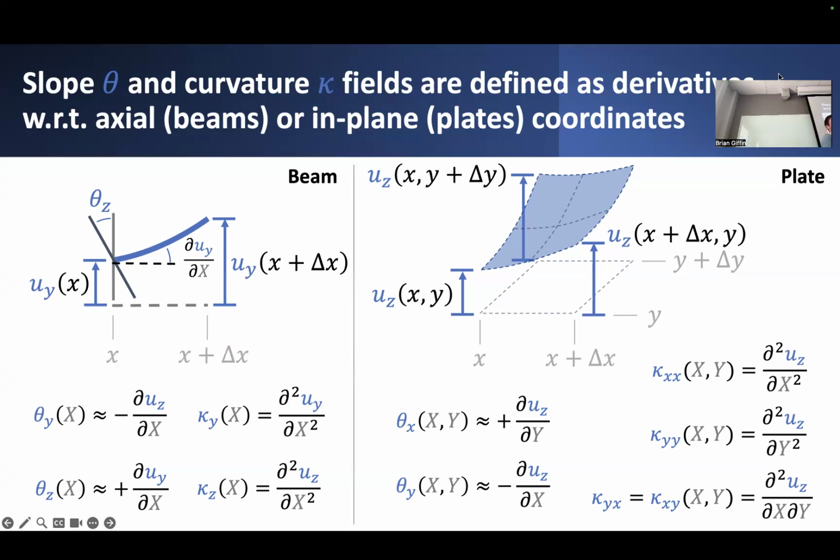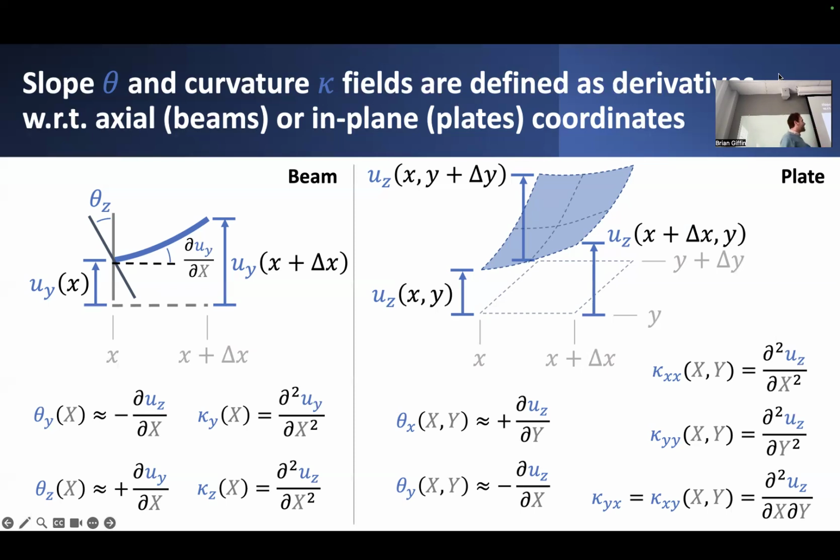Curvature of this line segment is really proportional to the second partial derivative of the transverse deflection field with respect to the axial coordinate. In the case of beams, that's relatively straightforward and easy enough to interpret. We just take uy, which depends on x, and take its second partial derivative with respect to x. This gives me some kind of description of curvature relative to displacements in the y direction.